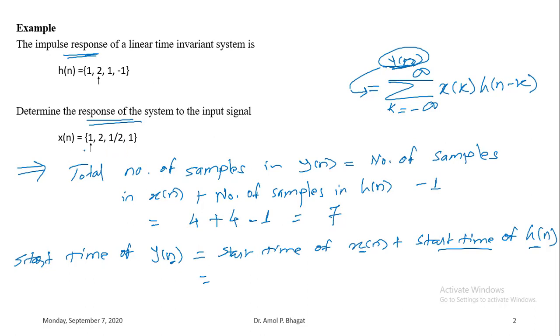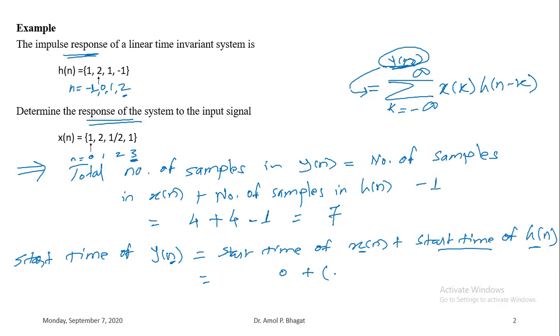So what is the lower limit of x of n? It starts with 0: 0, 1, 2, 3. So it starts at n equals 0 and ends at n equals 3. Similarly, h of n starts at n equals minus 1. The origin sample is 2: 1, 2. So it starts at n equals minus 1 and ends at n equals 2. The start time of x of n is 0, while the start time of h of n is minus 1.